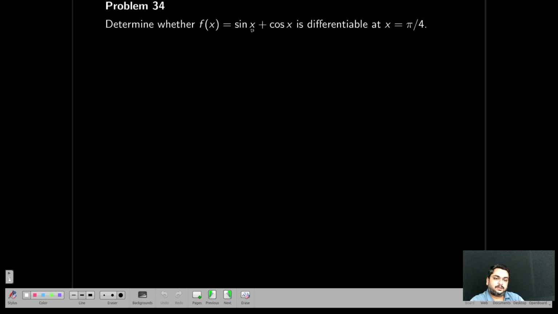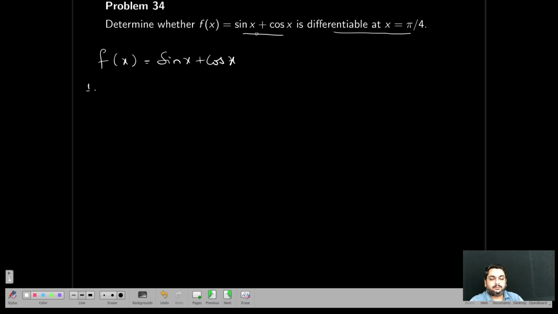Determine whether f of x equal to sin x plus cos x is differentiable at x equal to pi by 4. Now, f of x is given as sin x plus cos x. So you can find the continuity first.